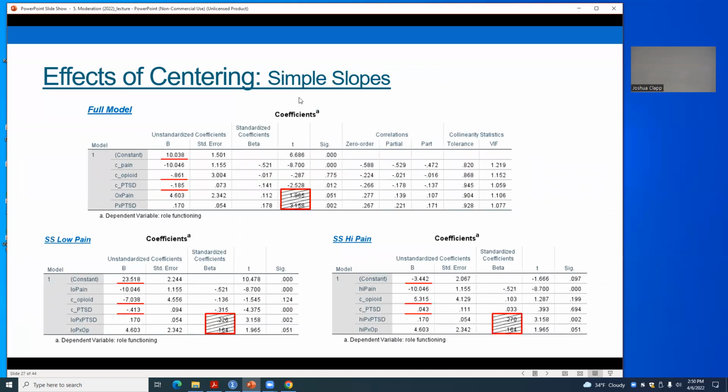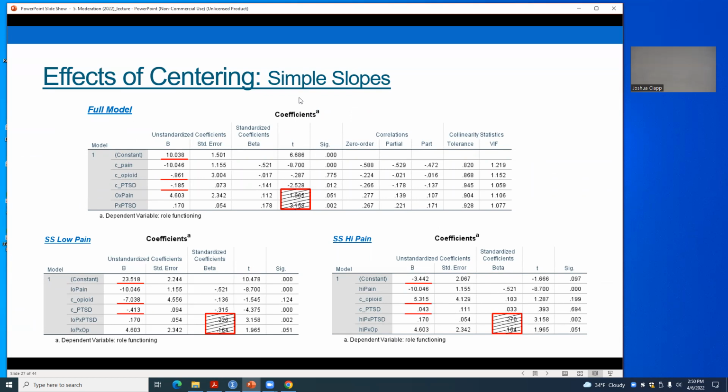All right, finally, here is our centered equation. Here's our full model. Okay, we went through the main effect or our overall starting model. This is the model where these are our coefficients that we went through and factored out, right, and got our simple slopes.